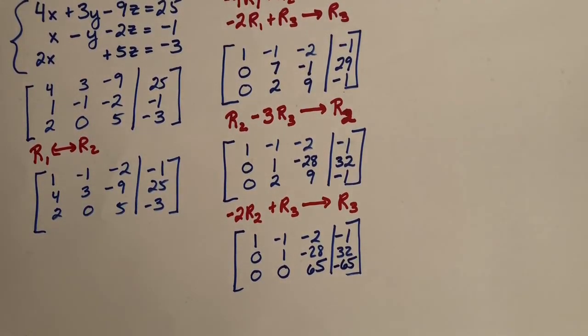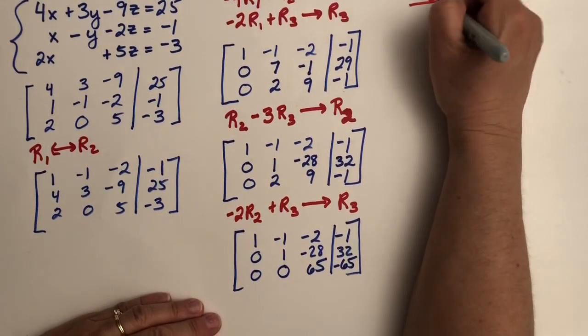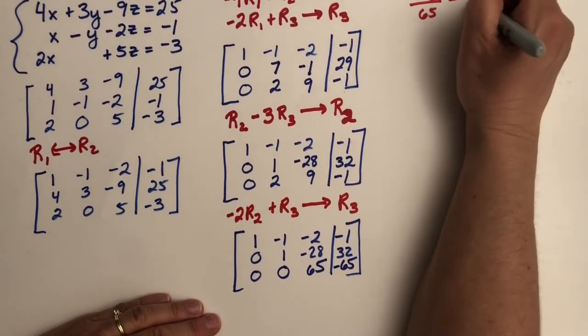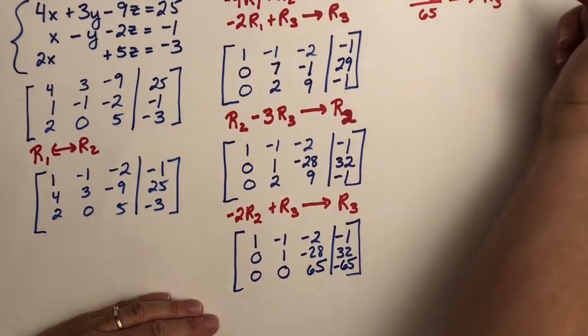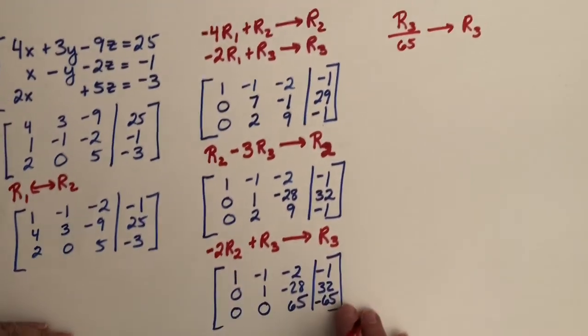Almost in row echelon form. Our last step is to get a 1 right here. So we're going to divide row 3 by 65, and we'll put the result in row 3. And again, I wrote where you couldn't quite see it.